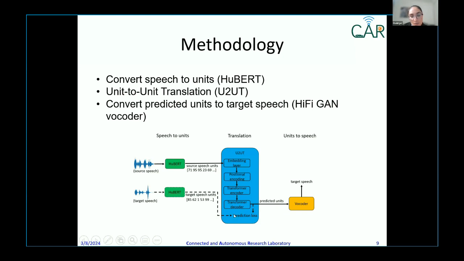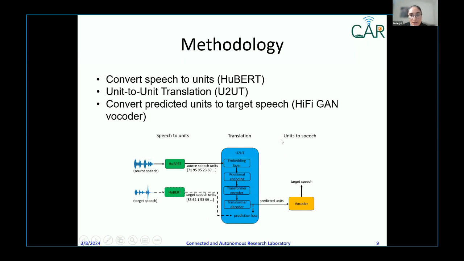When we are training, we are teaching our model to predict the next unit. So we give it all units except the next one that it has to learn to predict. Once we have a trained model, what it gives us is the predicted units, which are the discrete units in the target language.